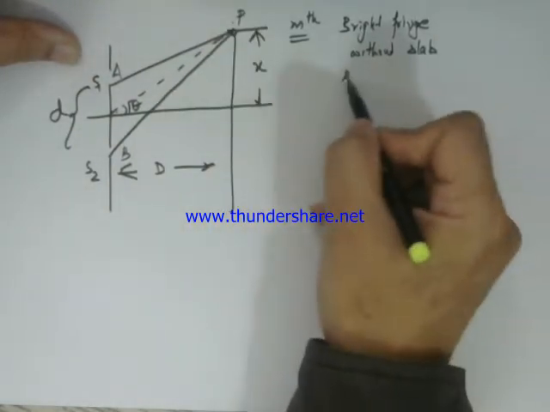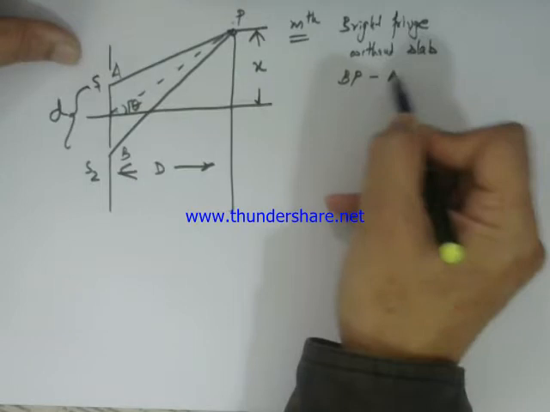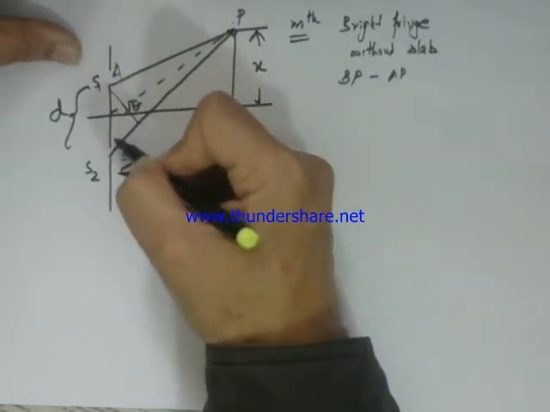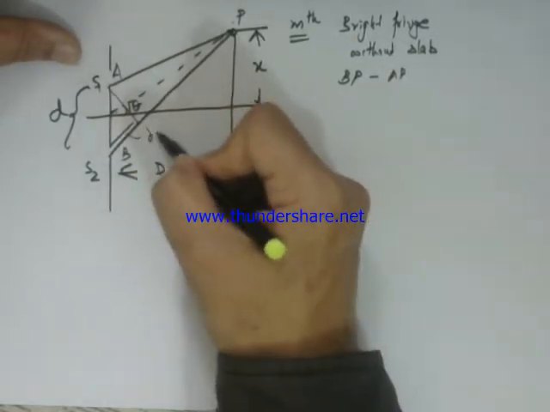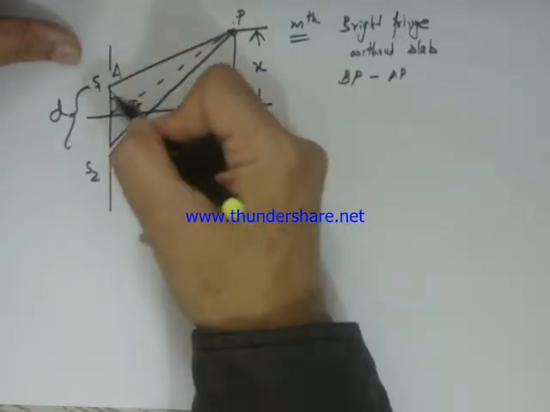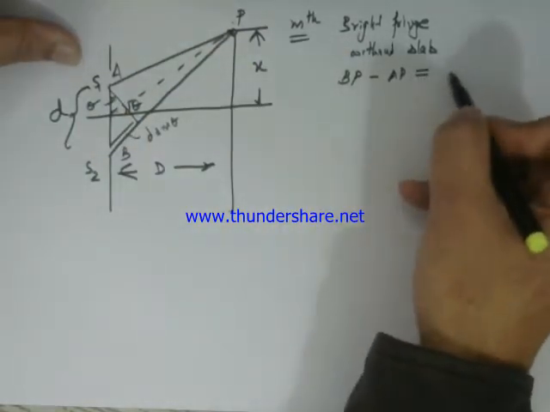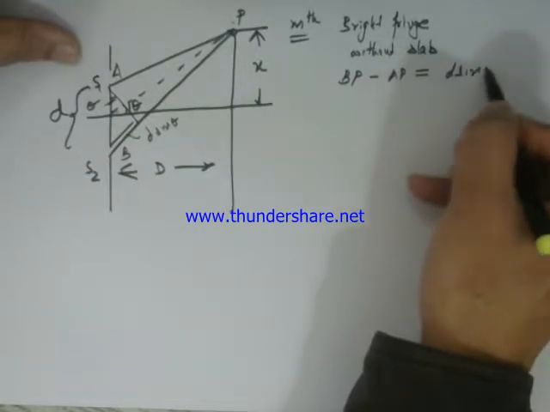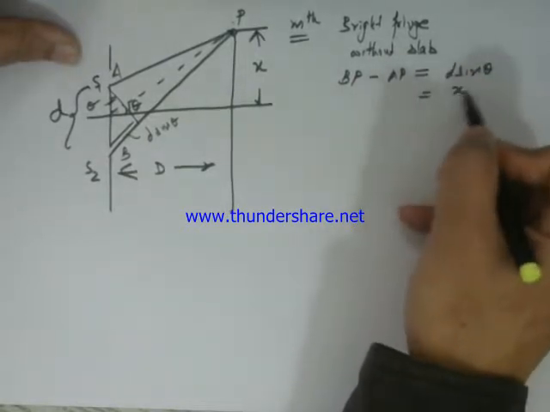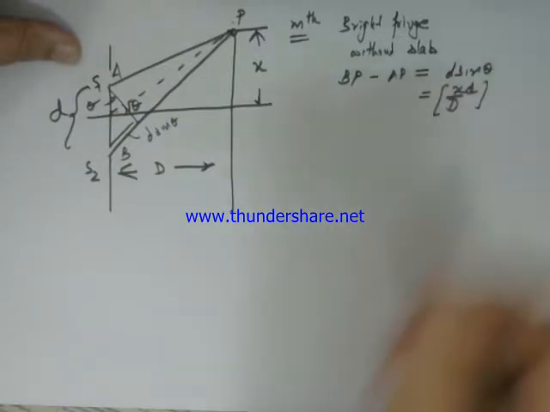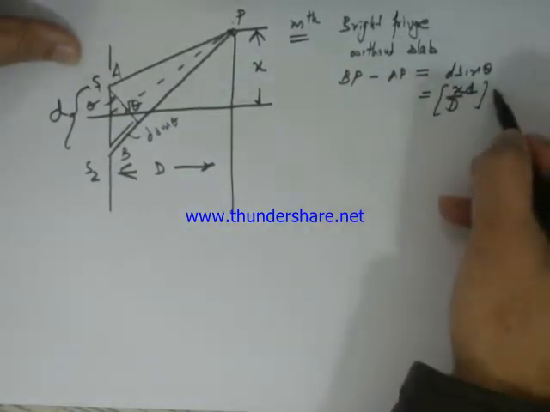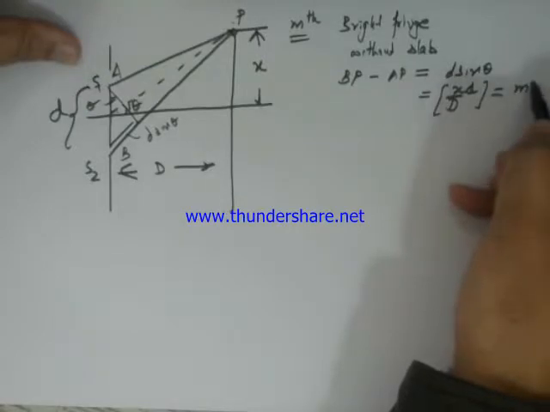So we know the path difference BP minus AP by the same method. This is d sin θ, is equal to d sin θ, or x upon D into d. And this is equal to, suppose, mλ.